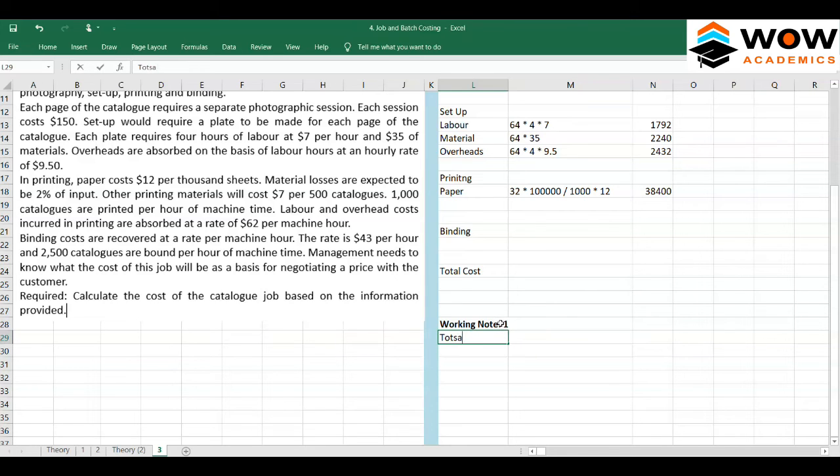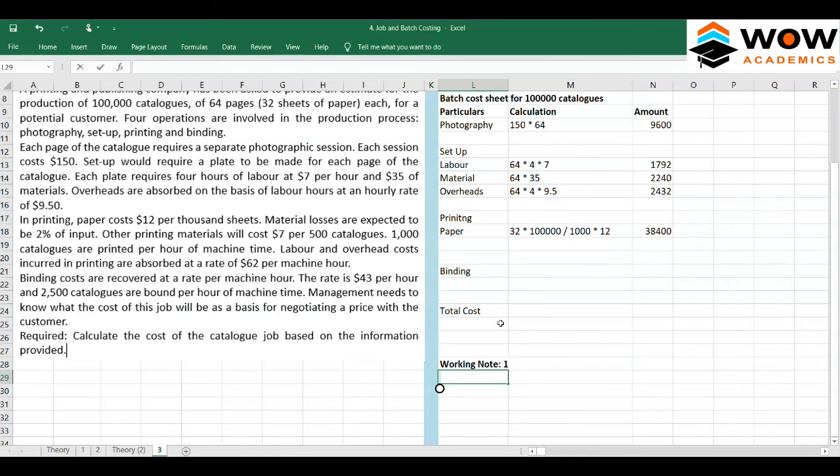We'll put sheets required for one catalog. How much is required? 32 sheets. Next, sheets required for 1 lakh catalogs.